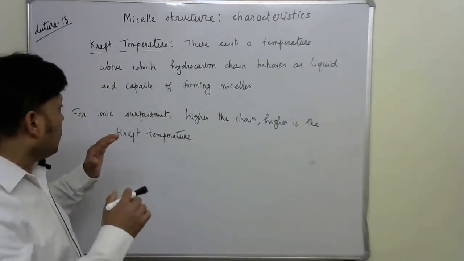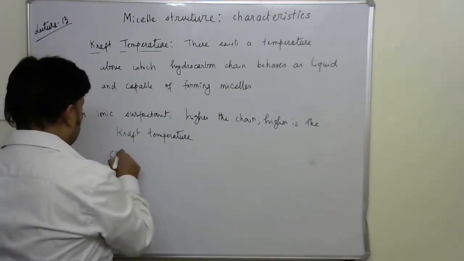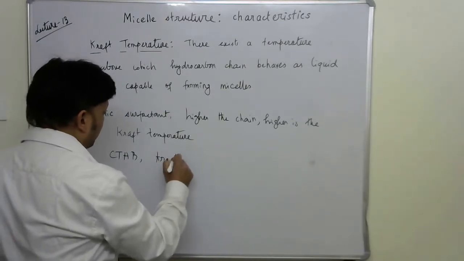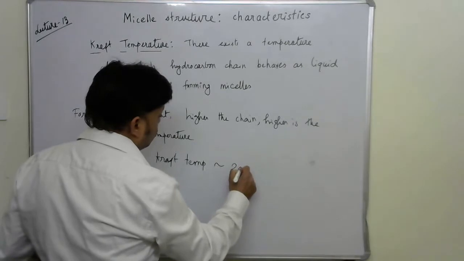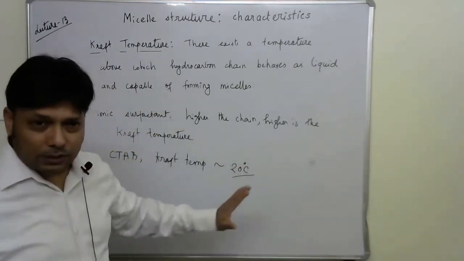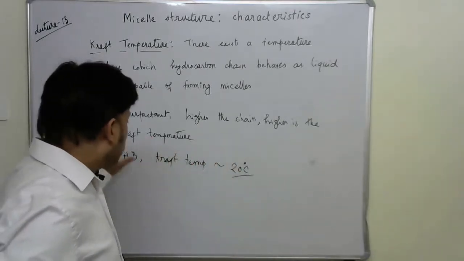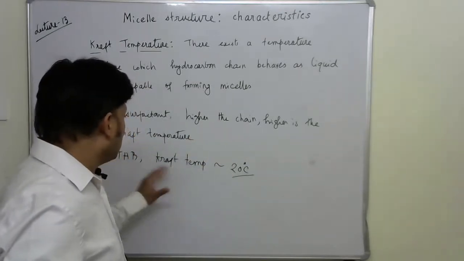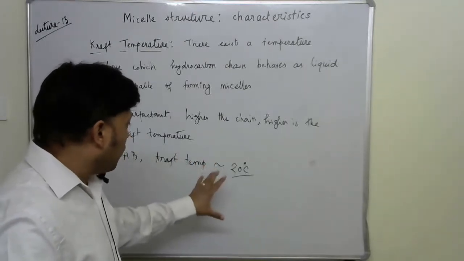For example, for the ionic surfactant CTAB, the Kraft temperature is approximately around 20 degrees Celsius. That means above 20 degrees Celsius it is possible for CTAB to form micelles in water, and below 20 degrees Celsius it would almost behave like a frozen substance, and it won't form the micelle.